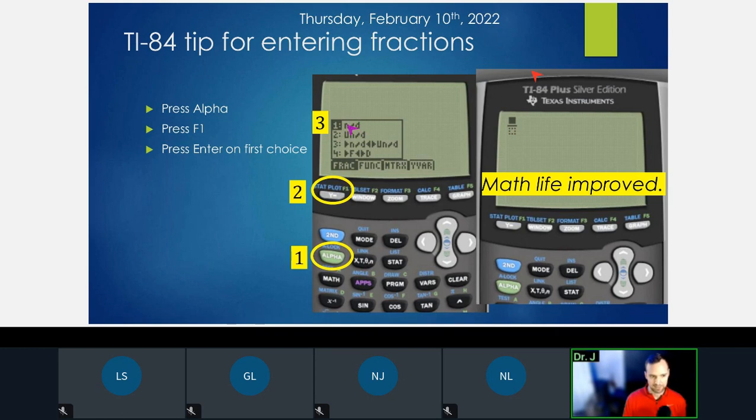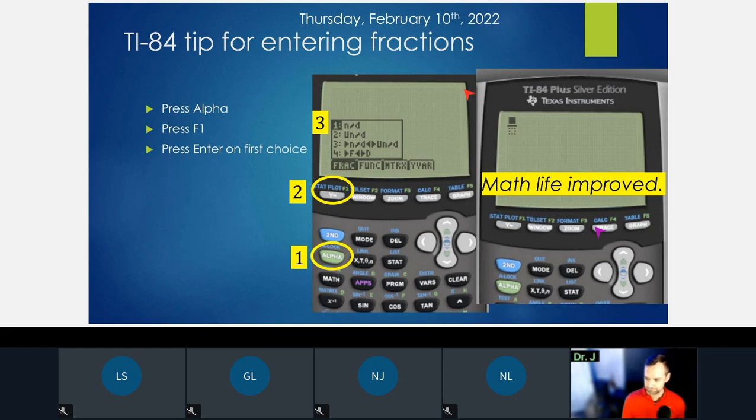Select the first option, hit enter, and you get this fraction template. There are other options here too. I haven't played with these, but there's a fraction-to-decimal converter. You can go decimal to fraction or fraction to decimal by choosing option 4 the same way. So for those of you with a TI-84, kind of neat, super useful.